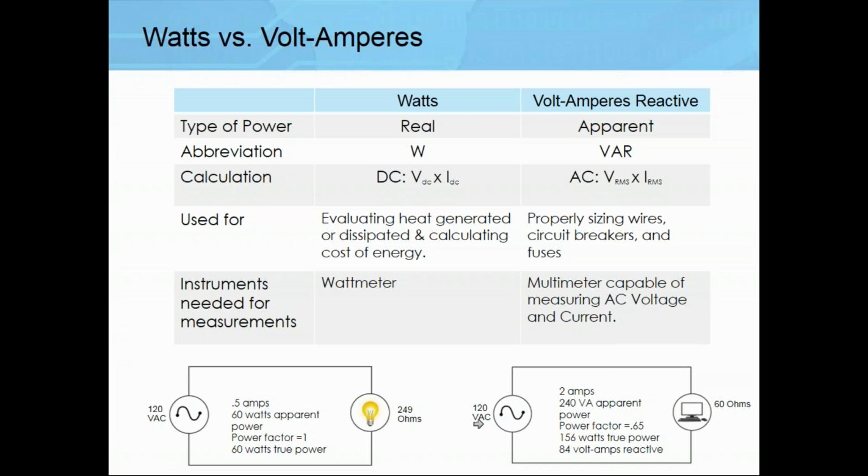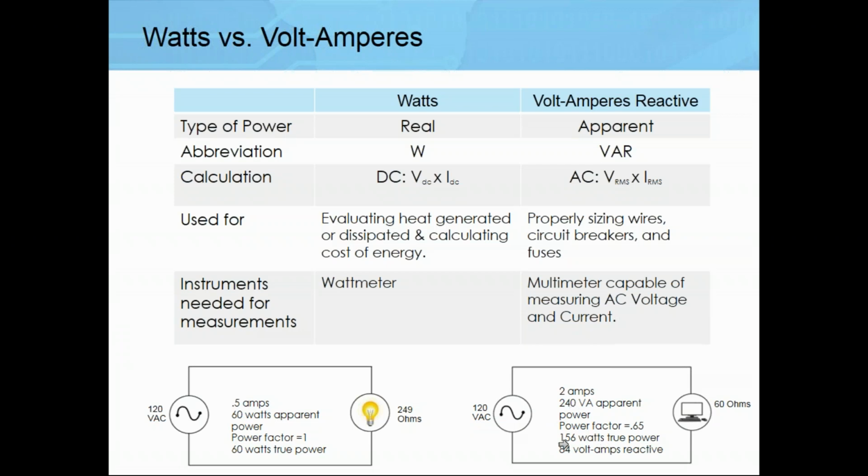Now, for example, if you had a PC, in a PC there may be some power supplies that need to power on, or some capacitive components. When you're applying 120 volts to a PC, this may have an apparent power of 240 VA. Now, this is a power requirement to power up the PC, but the true work that's being done by the components inside of the PC may only be 156 watts.